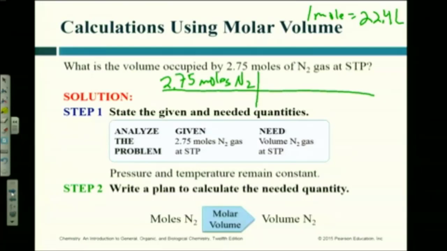What's going to go on bottom? Has to be moles of N2, doesn't it? Well, 1 mole of N2 is what? 22.4 liters of nitrogen. So 2.75 times 22.4, and we get 61.6. Okay.